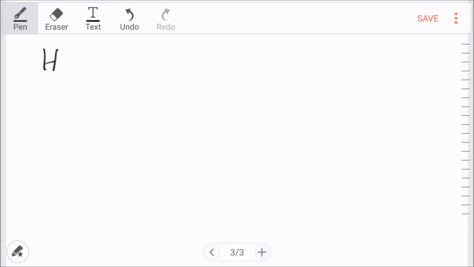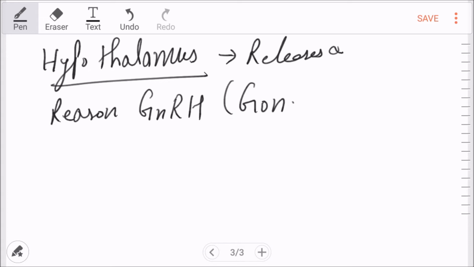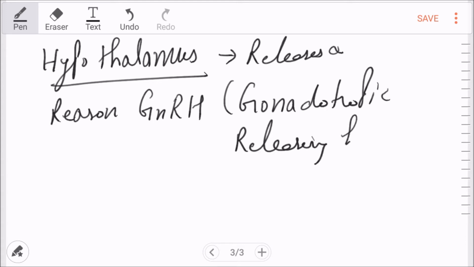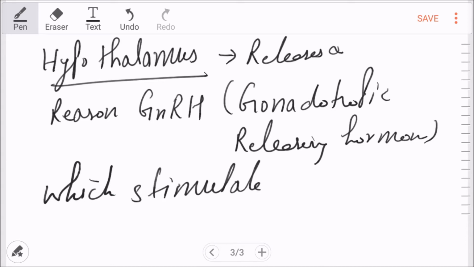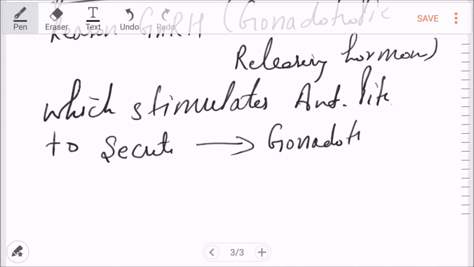So firstly, the hypothalamus releases GnRH, gonadotropic releasing hormone, which stimulates anterior pituitary to secrete gonadotropic hormones.